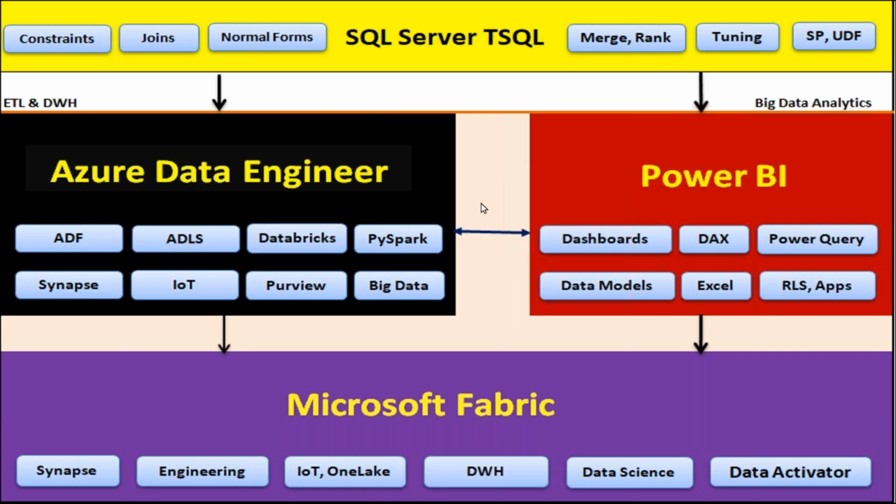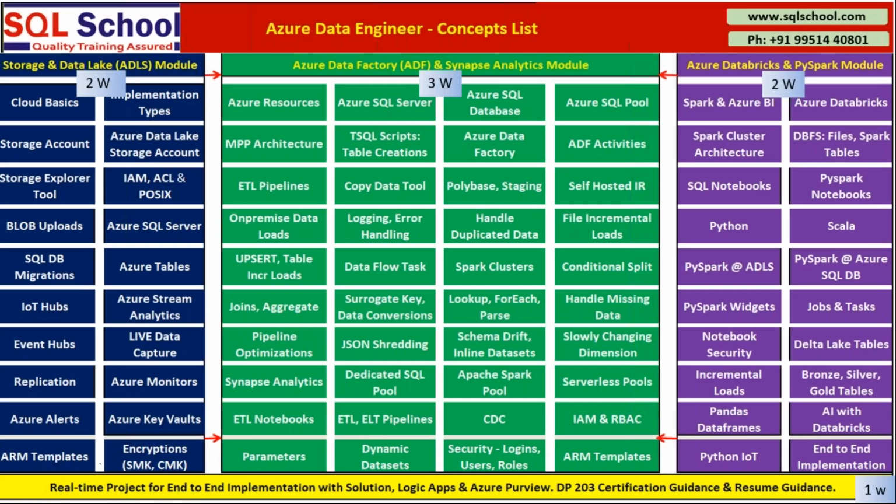So in our classes, we'll be taking our entire 2 months program in 3 individual modules. We have the storage and data lake module, the data factory and Synapse module, the Databricks and PySpark module, 7 weeks, and then finally comes project implementations. We'll do it slowly, step by step.